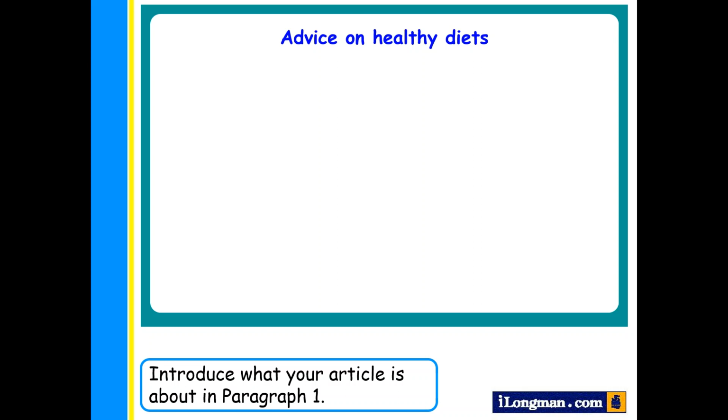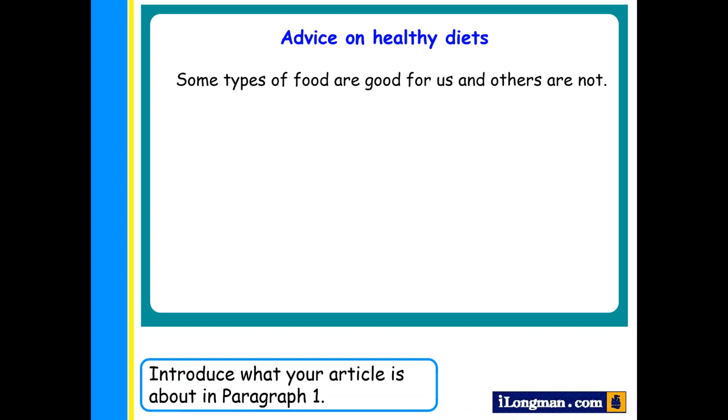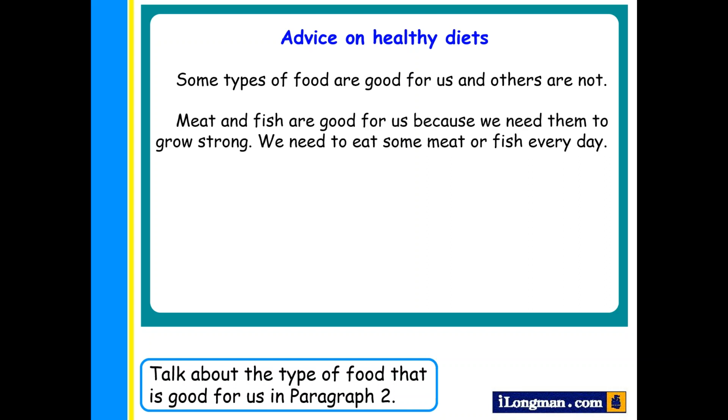In paragraph 1, we can start like this. Some types of food are good for us and others are not. In paragraph 2, let's write about good food, the meat and fish. Meat and fish are good for us because we need them to grow strong.